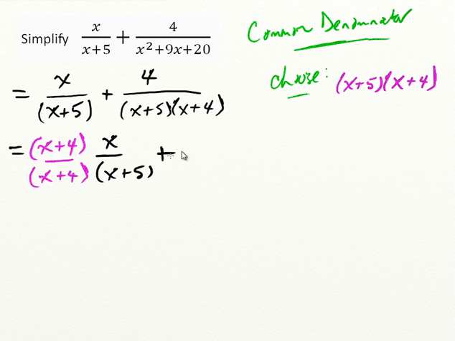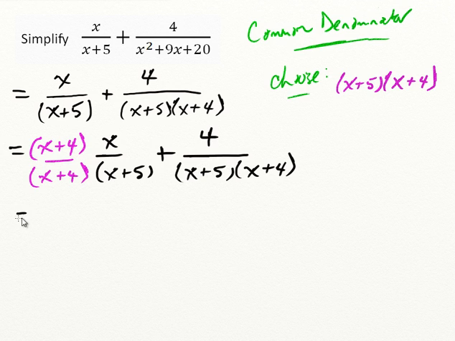I do not need to change the denominator in the second fraction at all. So x plus 5 and x plus 4 is already the denominator there. So now I have a common denominator with both fractions.